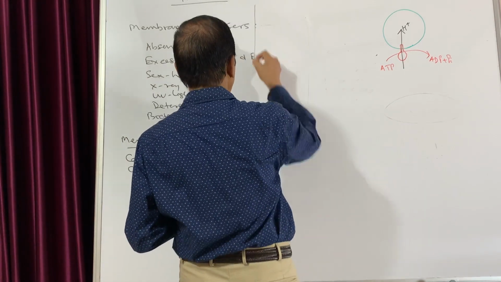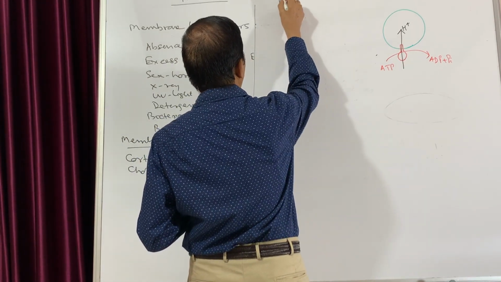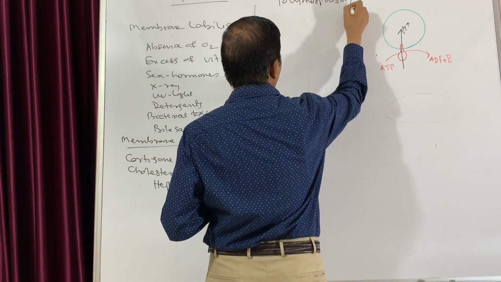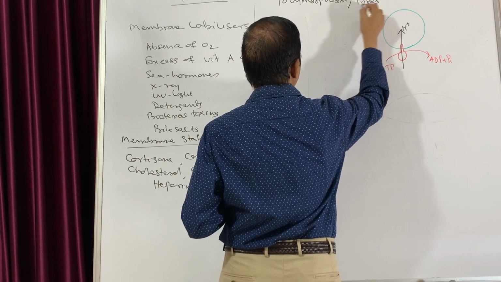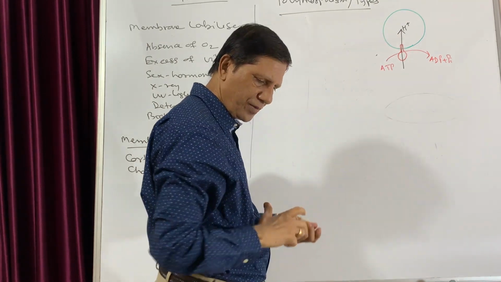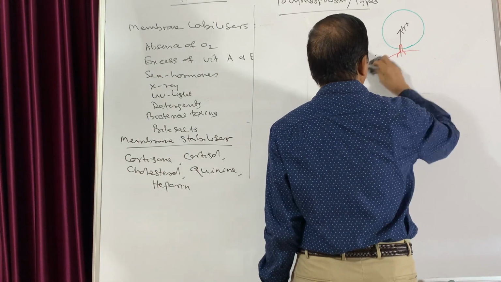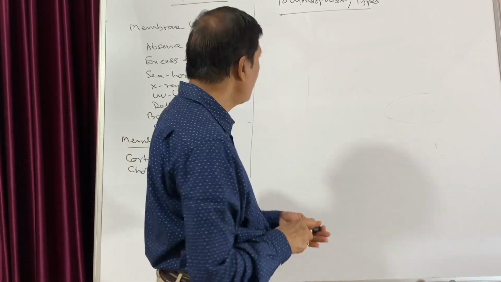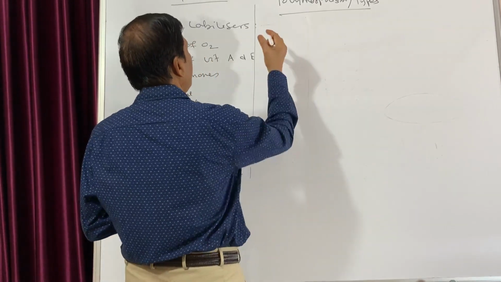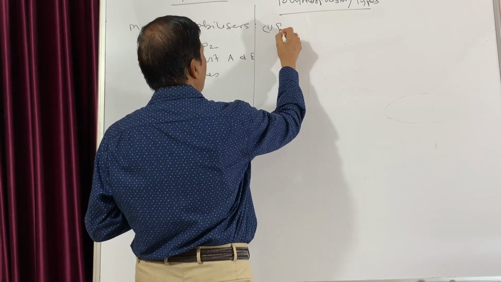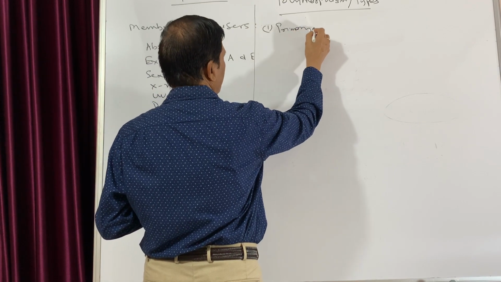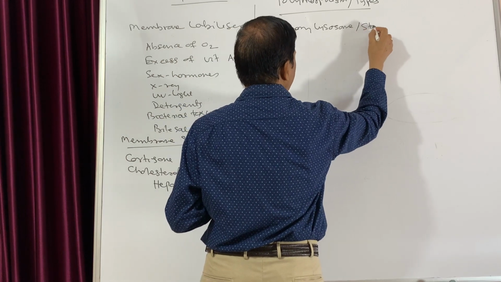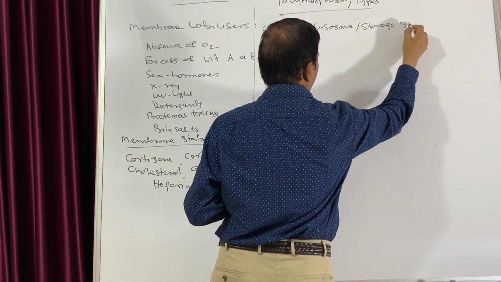So the next thing that we'll discuss is the polymorphism, or the types. Usually it is of 4 different types. Number 1 is the primary lysosome, which is also known as storage granule.